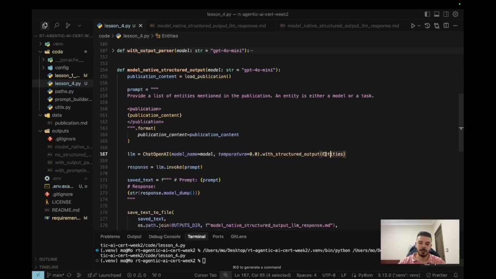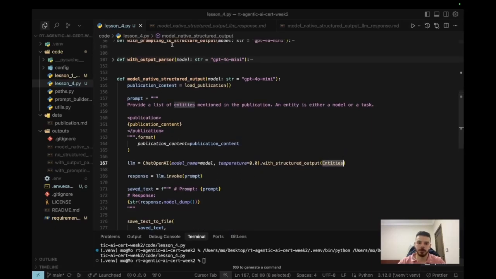Now what this does is it modifies the behavior of the LLM itself, meaning that the LLM is only allowed to predict tokens that follow the structure of the entities that we provided. In the previous functions, the LLM was allowed to predict any token in the vocabulary.